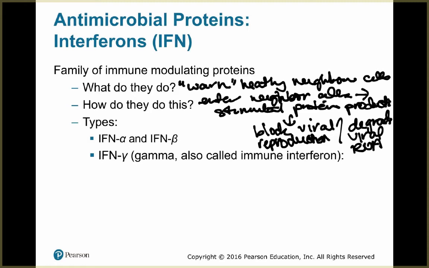And so there are all these different types. For instance, the IFN alpha and IFN beta, alpha beta, help to activate natural killer cells, right? And then you have this gamma. This guy is also called immune interferon.